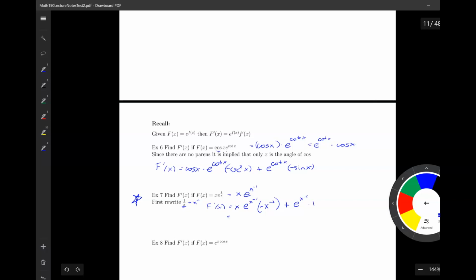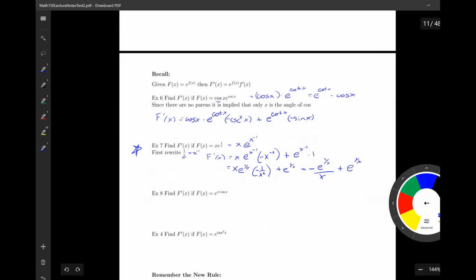So if I was to rewrite this, which it's going to be necessary as we move on, plus e to the 1 over x. So here's an x canceling, so I get a negative e to the 1 over x plus e to the 1 over x.